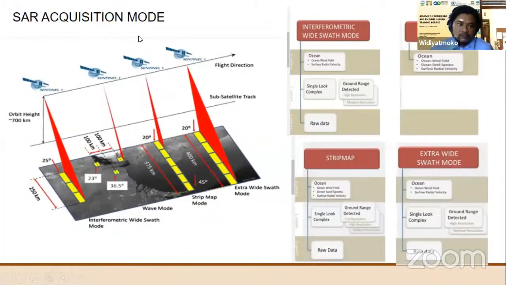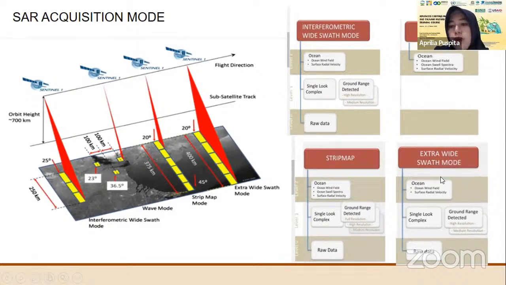This is the SAR acquisition mode that we can use on Sentinel data. Sentinel data include 4 kinds of acquisition modes. One is the interferometric wide swath mode, or IW mode, usually used for land study.